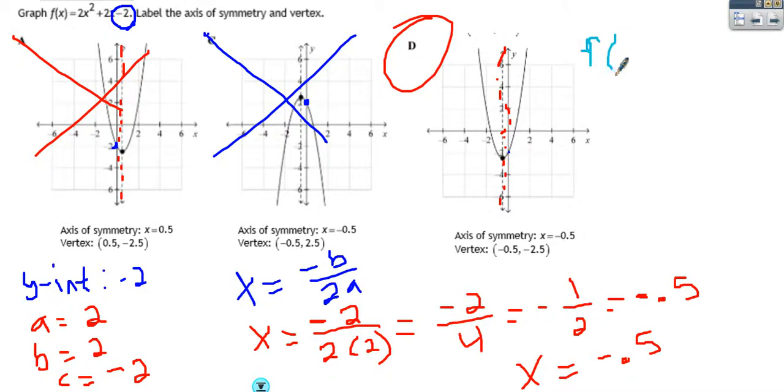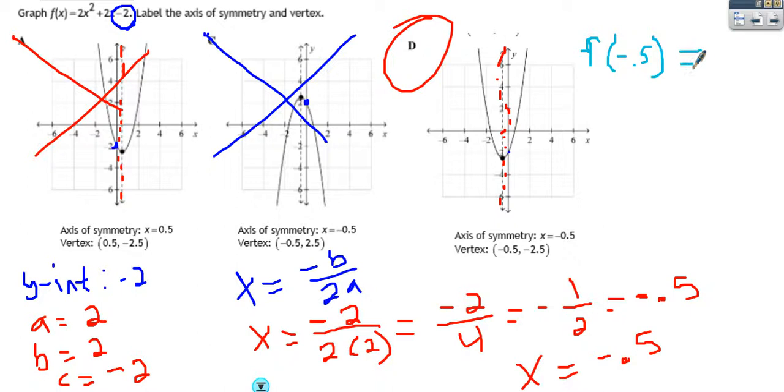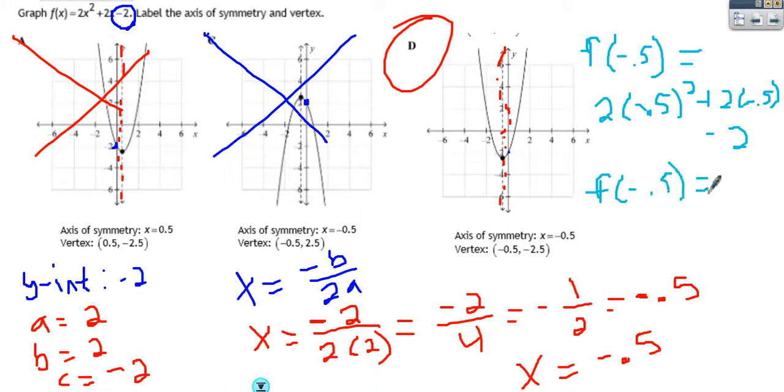So f of -0.5 equals 2 times negative 0.5 squared plus 2 times negative 0.5 minus 2. You plug all that into your calculator and you should get f of negative 0.5 equals negative 2.5. That's just a quick check, so you know that is your answer, and you are done.